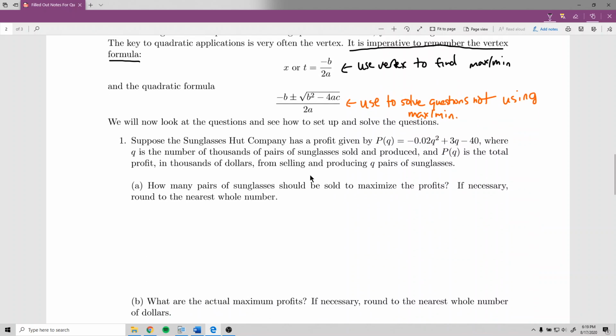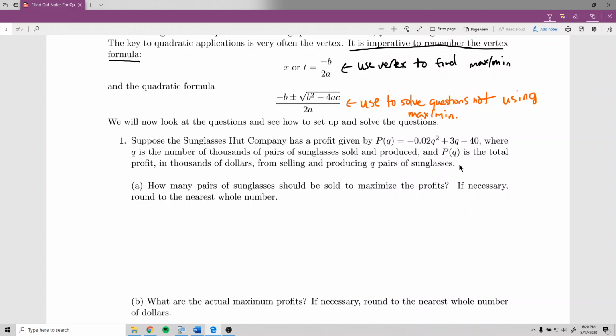All right, so this first one, it says, suppose the sunglasses hut company has a profit given by P of Q equals negative 0.02 Q squared plus 3Q minus 40, where Q is the number of thousands of pairs of sunglasses sold and produced, and P of Q is the total profit in thousands of dollars from selling and producing Q pairs of sunglasses.